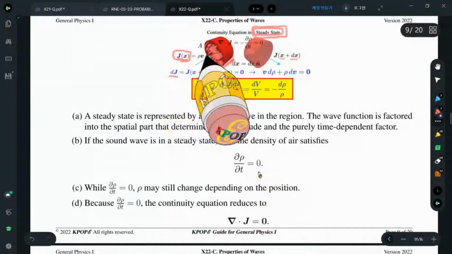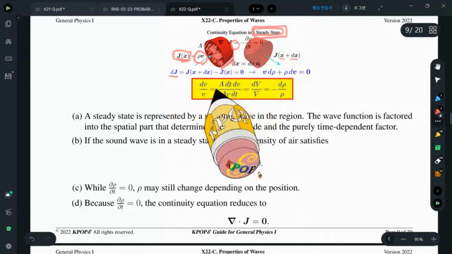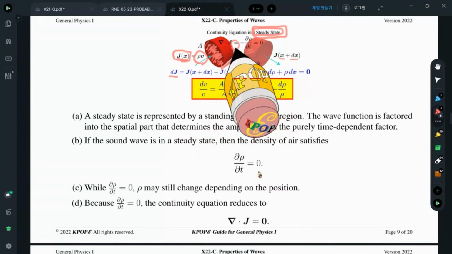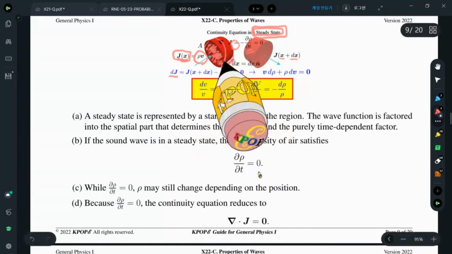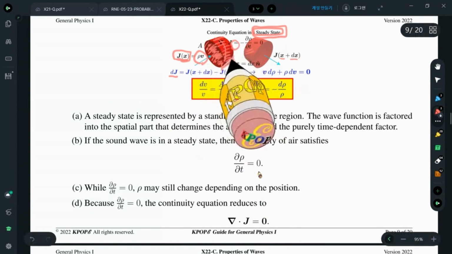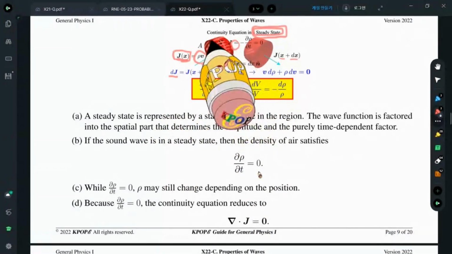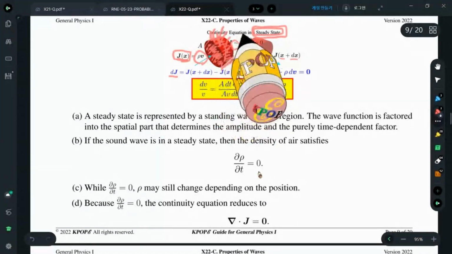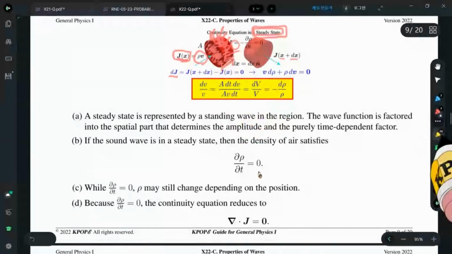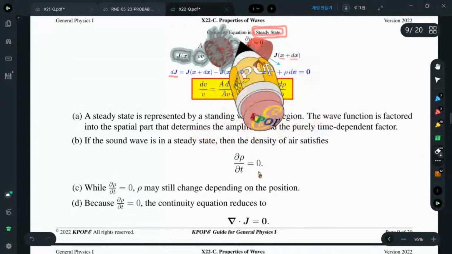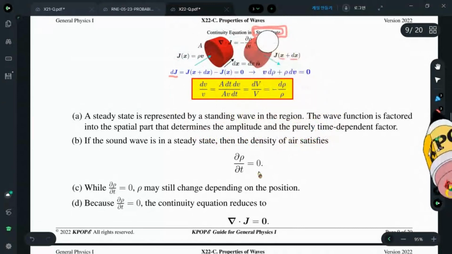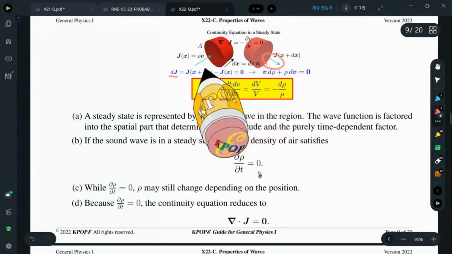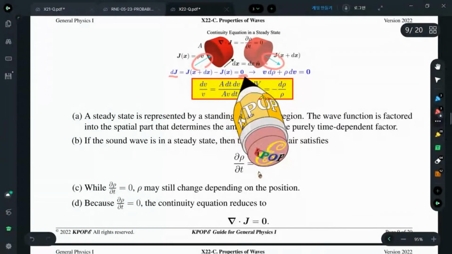Then the change in the current on the left side and right side, this subtraction, must vanish because of the continuity equation. We know that this side does not allow the flow of mass because it's a fixed tube. There is no way of transmitting mass on this side, so it is completely fixed. As a result, the current flow comes in on this side and comes out on this side. They must be the same.